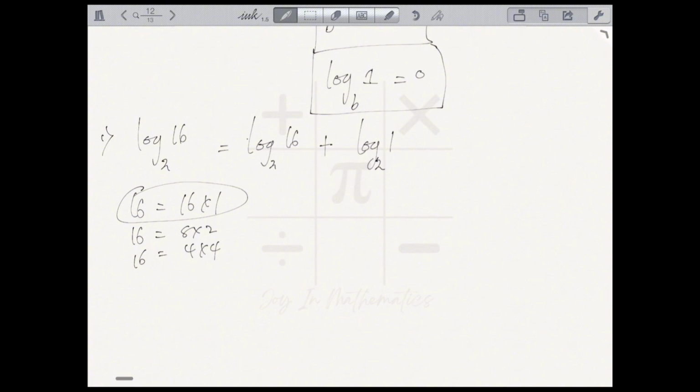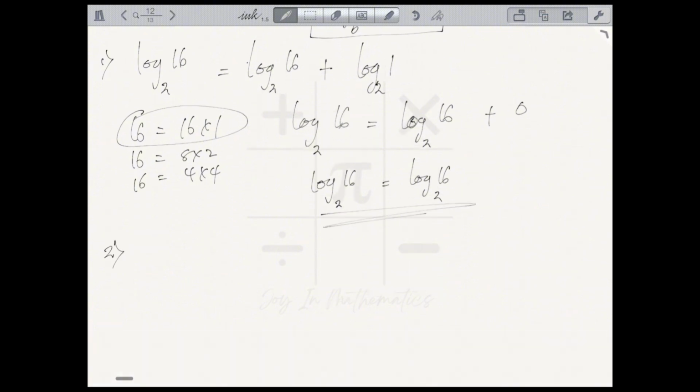Now log 1 irrespective of the base is equal to 0. So we can rewrite this as log 16 to base 2 is equal to log 16 to base 2 plus 0. Therefore log 16 to base 2 is the same thing as log 16 to base 2. Yeah, so that's proved.